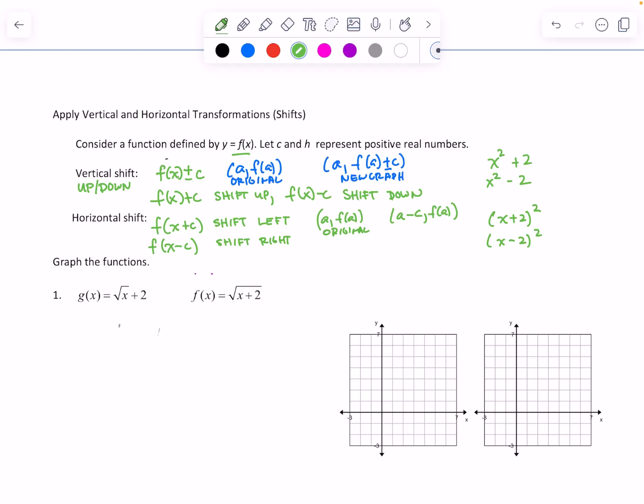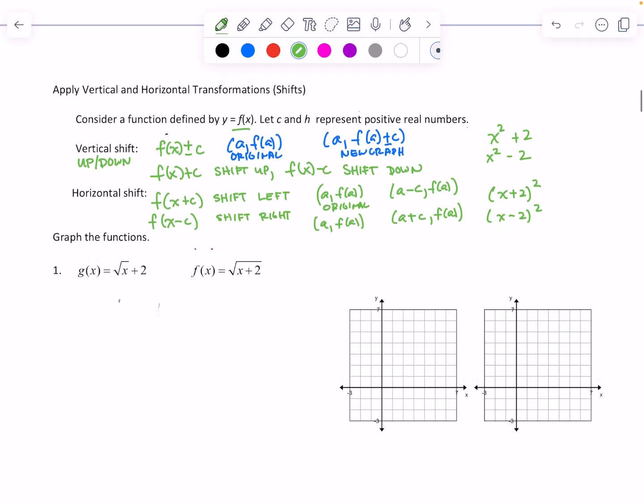I know it seems strange, but we actually subtract c from the x-coordinate to get the shift to the left. That is represented by f of x plus c. And if a, f of a, is on our original graph and we have subtraction, this time we're going to add c to our x value to figure out which points might lie on the new graph.